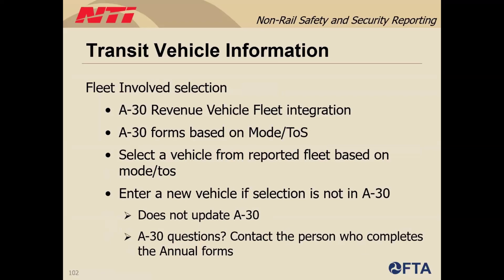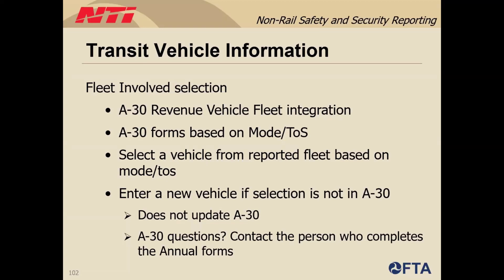The Fleet Involved section integrates with your agency's most current A30 revenue vehicle inventory form. There are separate A30 forms for each mode and type of service. With this integration, you will choose a vehicle from the list of available options. When the selection is made, the vehicle and fuel types are already part of the selection, thus eliminating any incorrect selection.